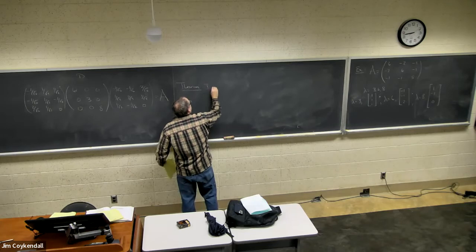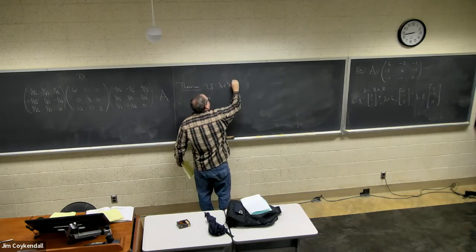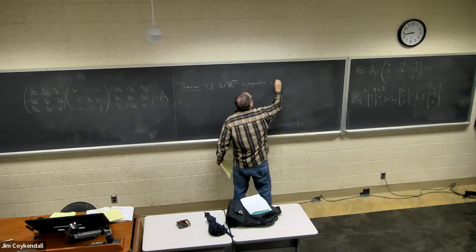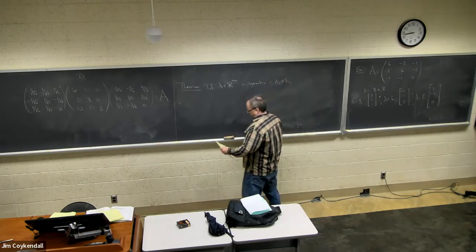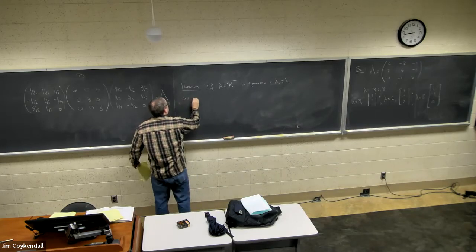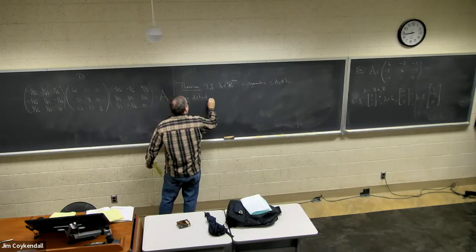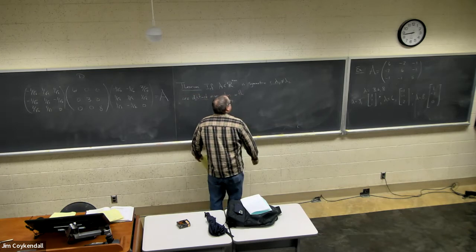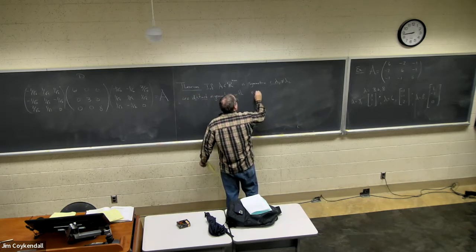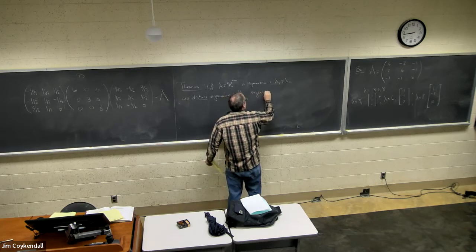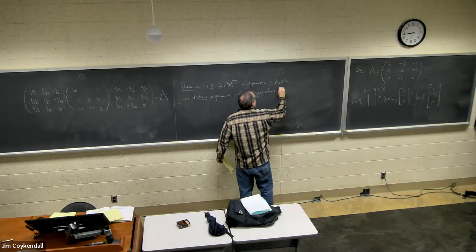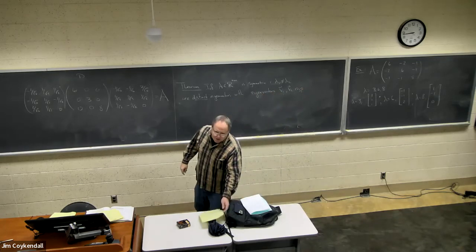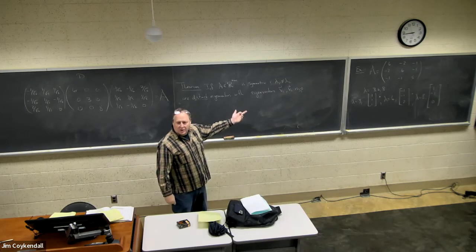If A is symmetric with distinct eigenvalues and eigenvectors b1 and b2, then we already know that b1 and b2 are linearly independent.